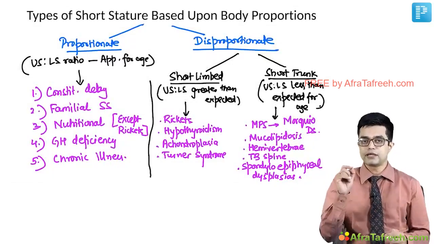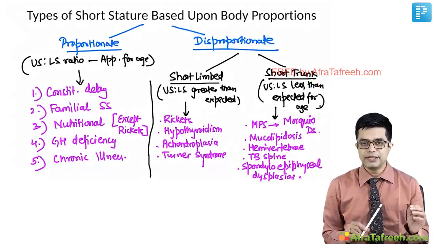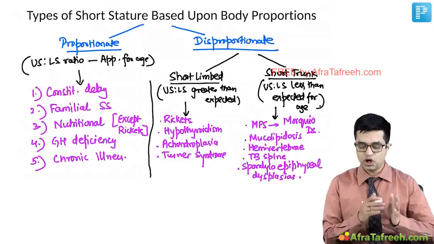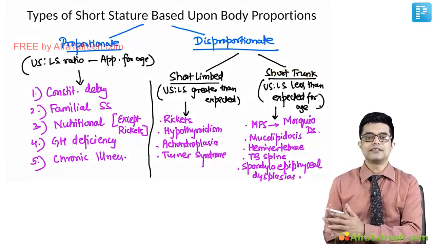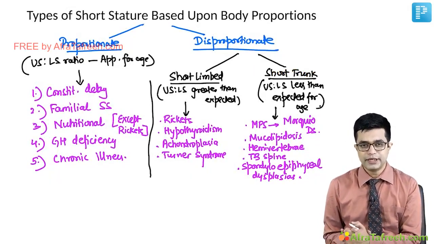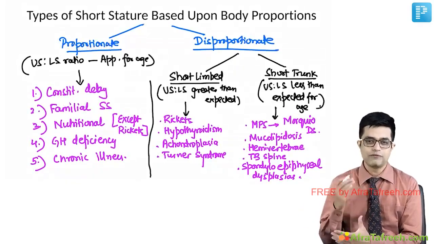Now there is a very interesting thing mentioned in some of the textbooks. If you go by O.P. Ghai, it says that rickets is a cause of short-limbed short stature. But there are other textbooks, including the textbook of pediatrics by Dr. Suraj Gupte and two of the nutritional texts plus one review article.